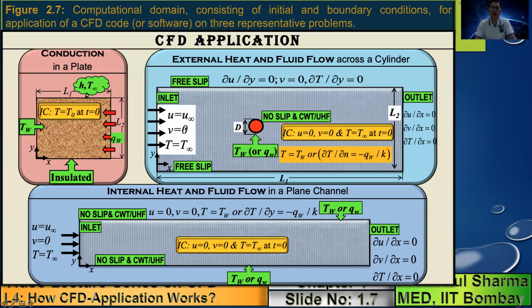In an external flow problem, we encounter inlet, free slip boundary condition, and fully developed flow outlet boundary conditions. If it's non-isothermal flow, then we either encounter constant wall temperature or constant heat flux, which are respectively expressed in terms of constant temperature or a normal gradient of temperature.